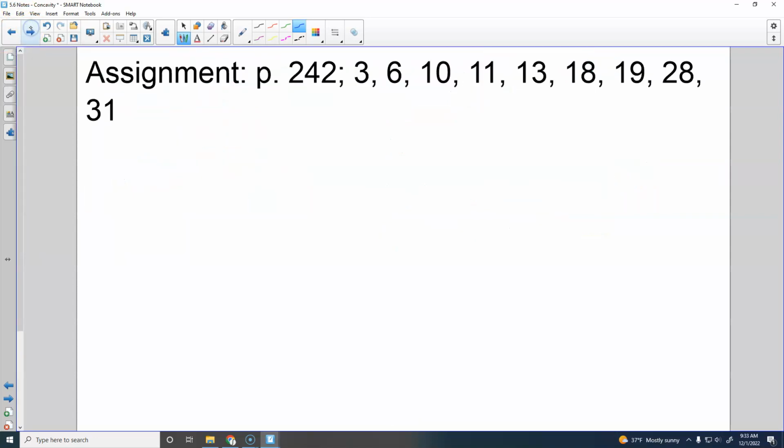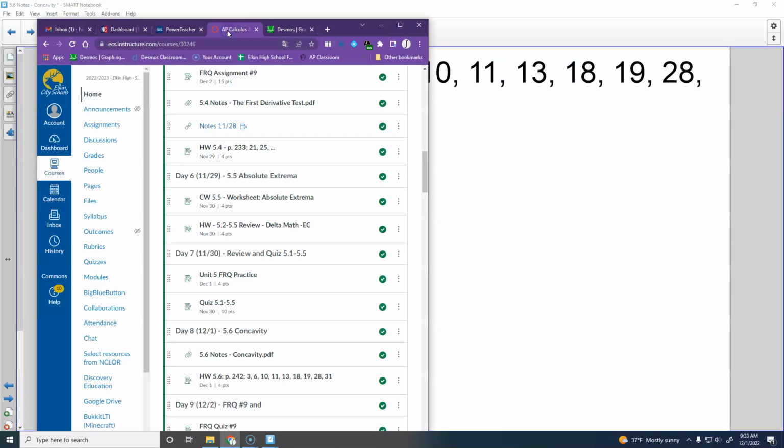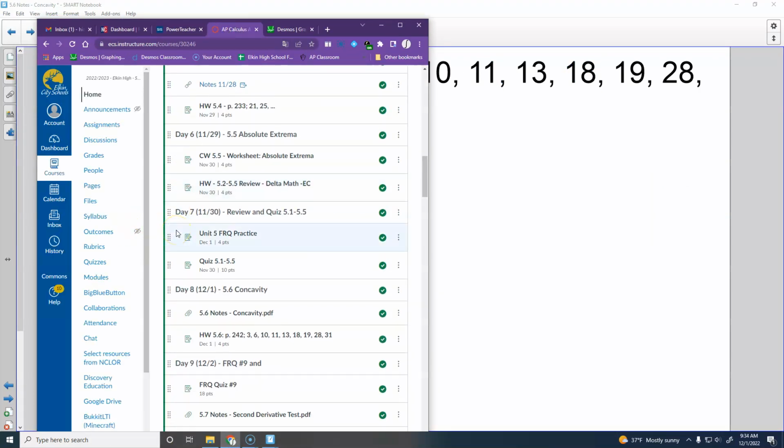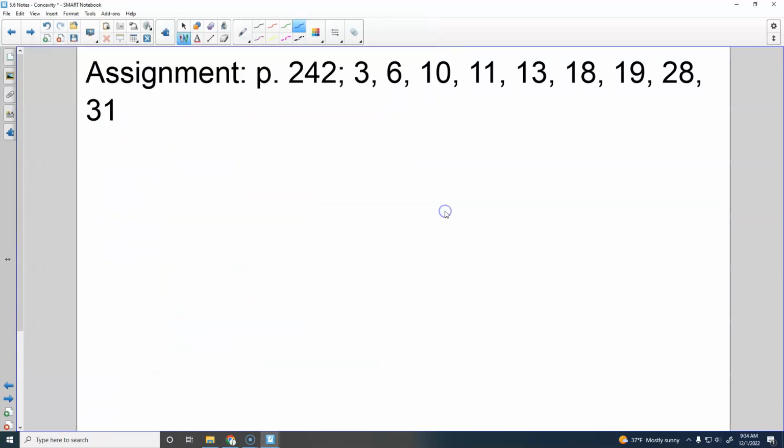Alright, let me see if that, I think what I put in Canvas is different than that. Let me see. No, it's the same. Let me see what those look like. I think some of them are a little bit easier than others. Alright, let's see.